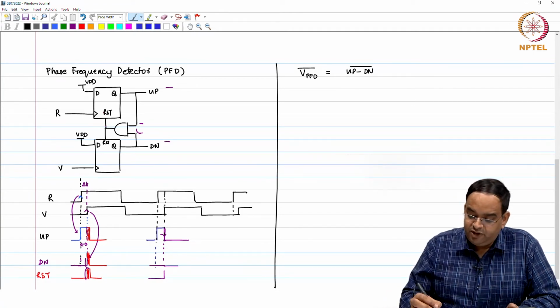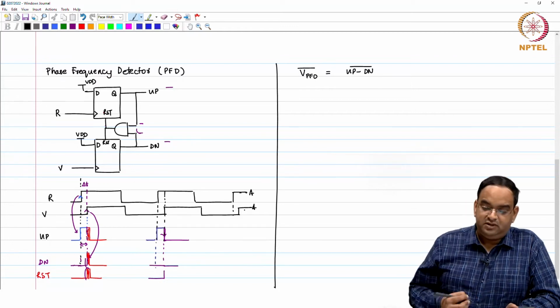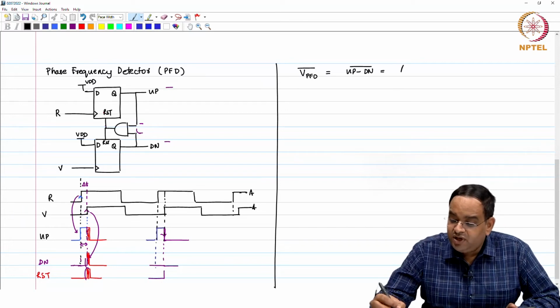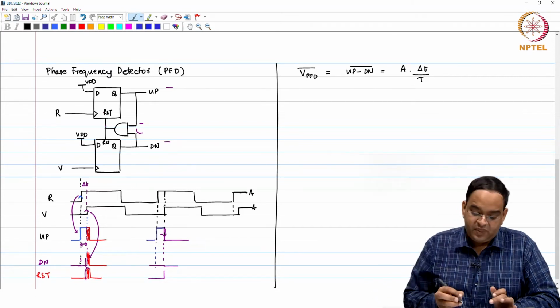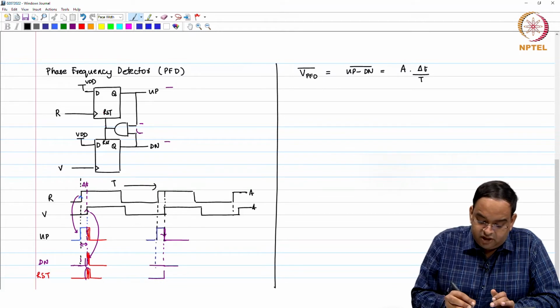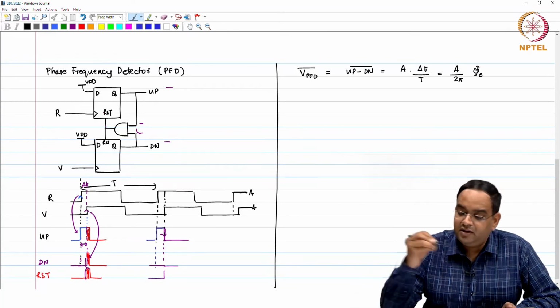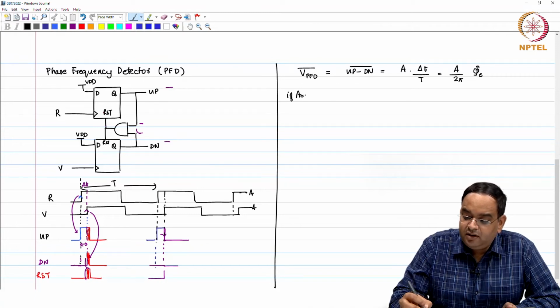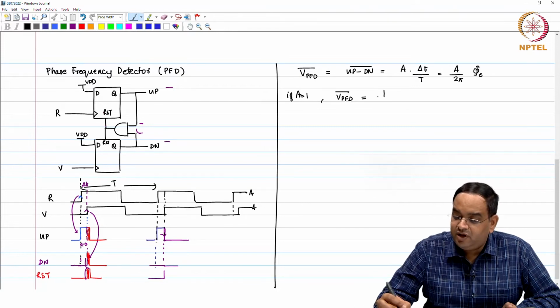If the amplitude which I am using for my voltage happens to be A, then it is going to be A into, up is high only for delta t time, divided by T, the time period of the reference clock, which is equal to A by 2 pi into phase error. If A happens to be 1, then you can say V PFD output average is 1 by 2 pi times phase error.